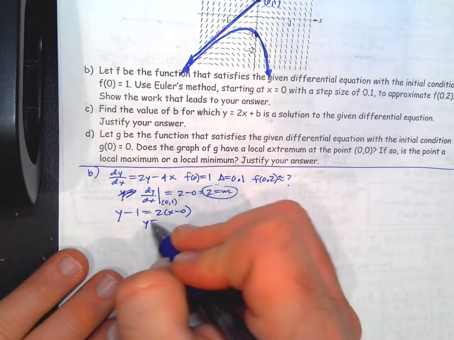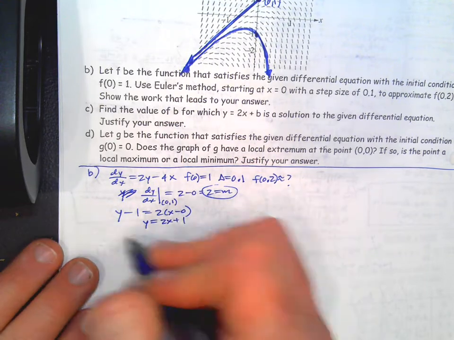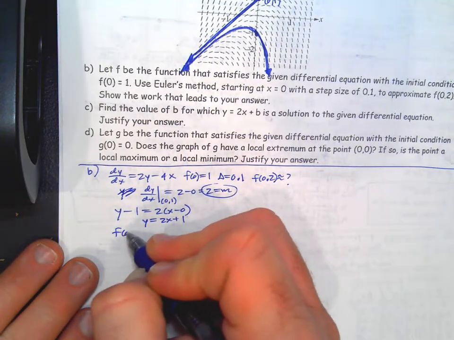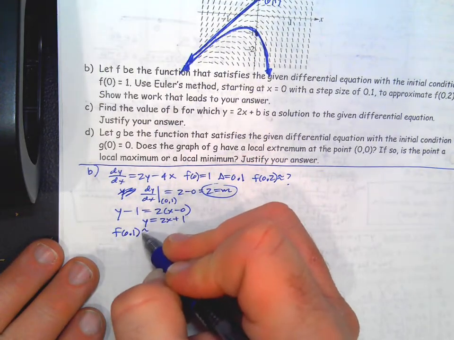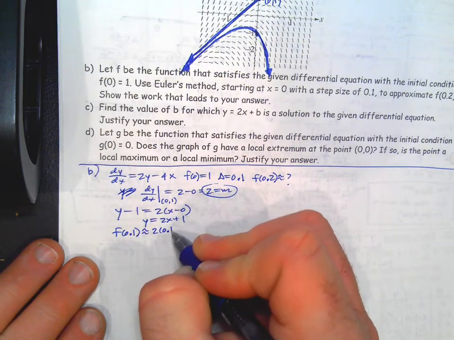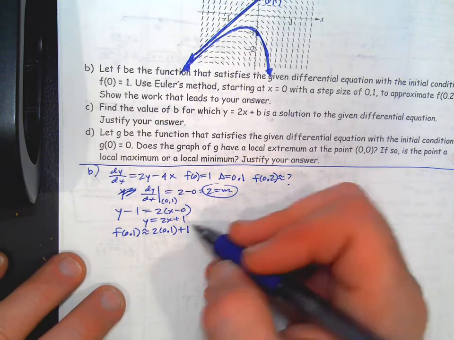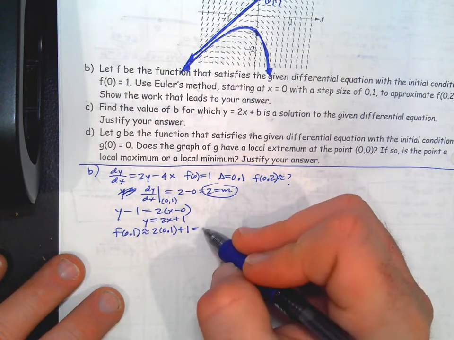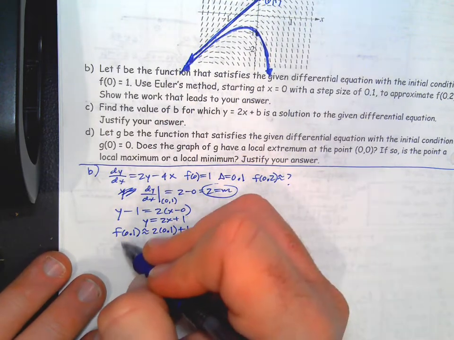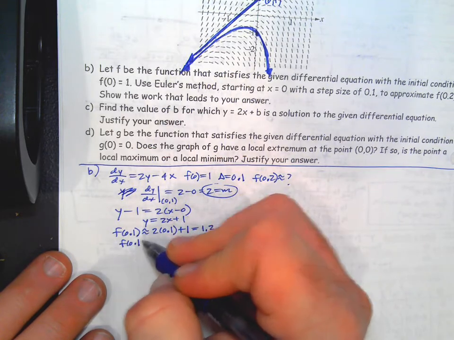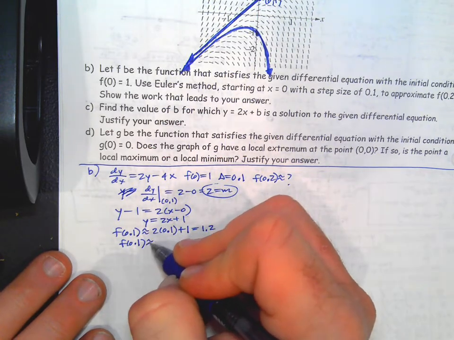So y equals 2x plus 1. So f of 0.1, we're going to use this as our estimate. We'll plug it into this line, figure out what the point is on the line, and say that must be close to the point of the actual function. So that's going to be 1.2. So f of 0.1 is approximately 1.2.